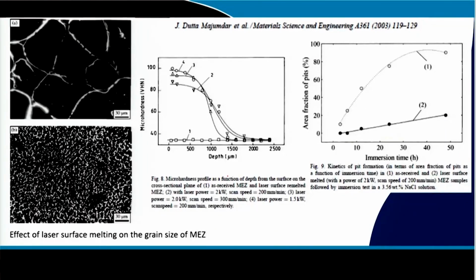Now, this is a typical case of a magnesium based alloy, MEZ, where the surface has been refined by laser melting. Any material which shows this kind of grain boundary precipitation is very prone, or susceptible, to intergranular corrosion.